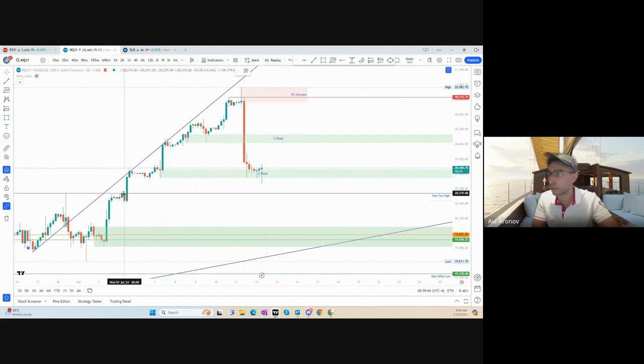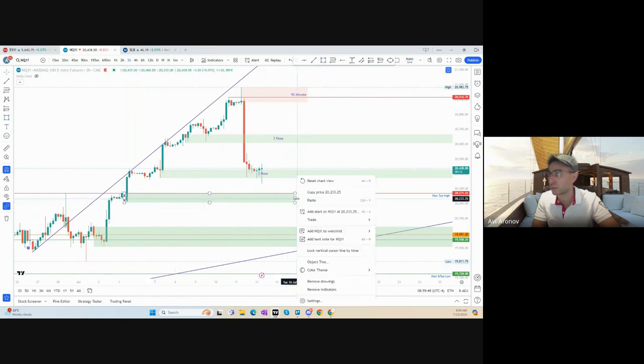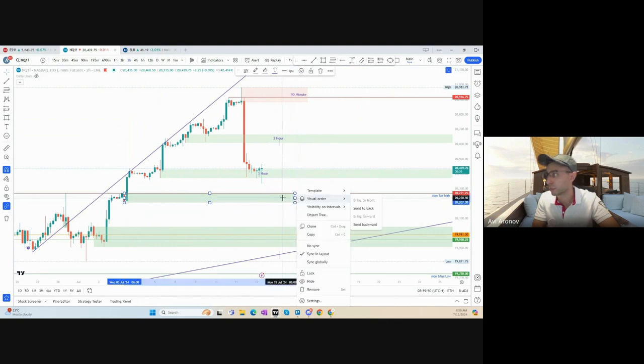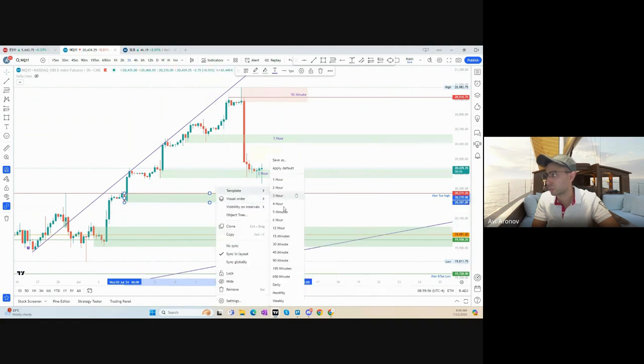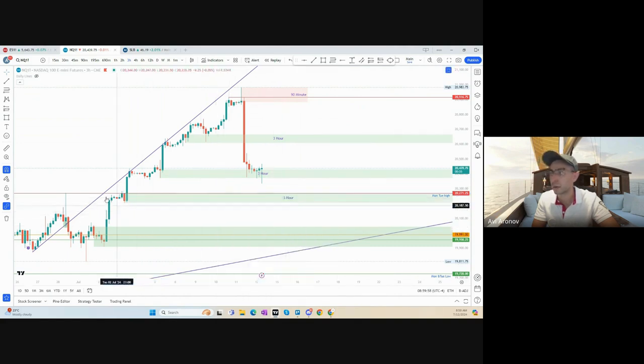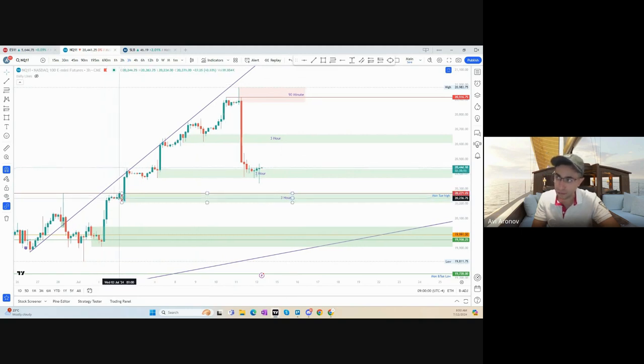We have this 3 hours. So let's just mark that for a minute. And it's at a pivot of some type of consolidation or balanced area, you can call it.